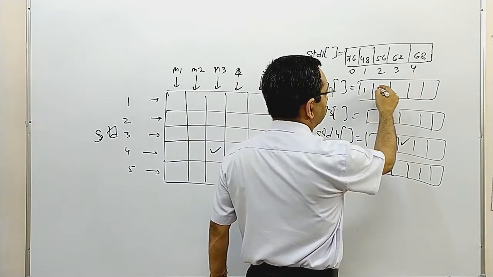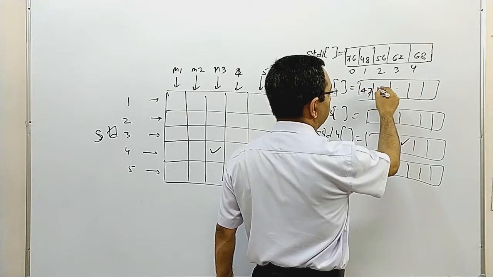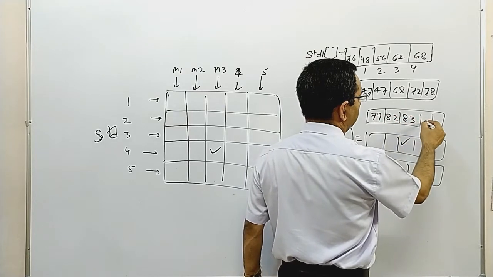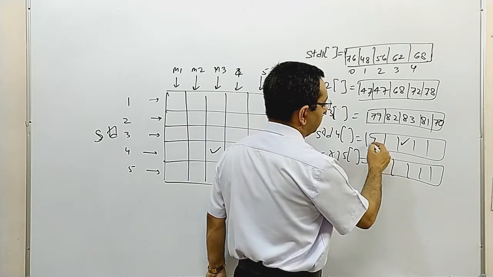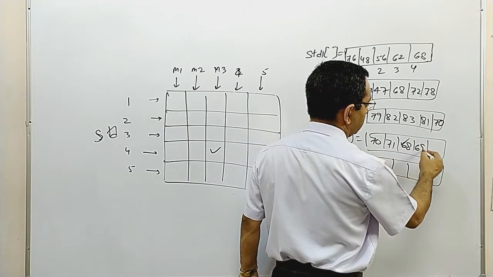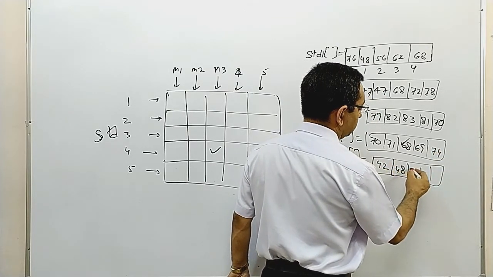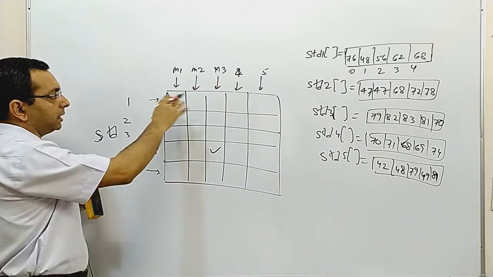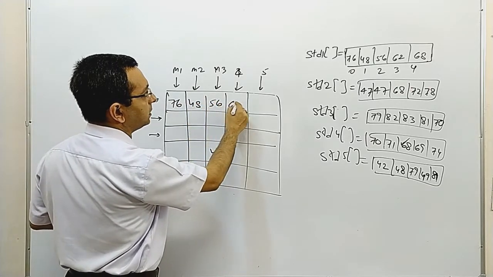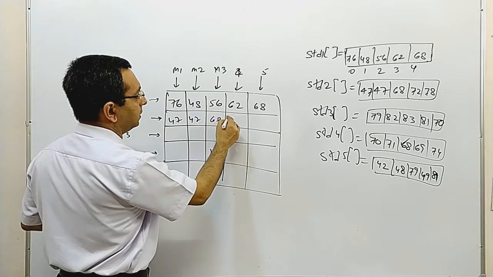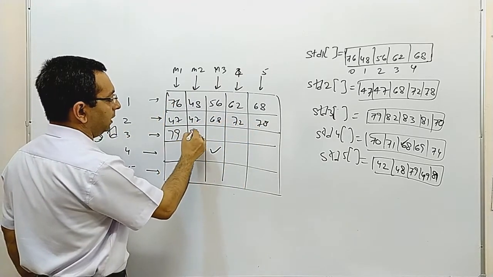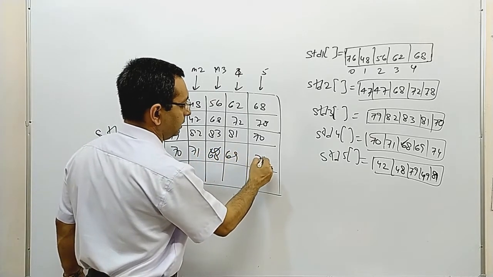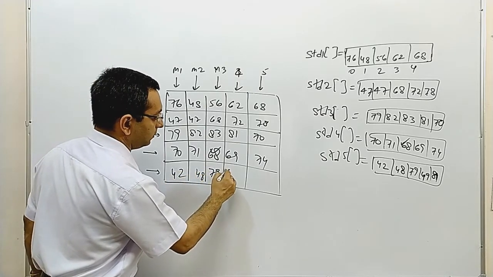Let's fill in some values. I am just writing some values like 76, 48, 56, 62, 68, 47, 68, 72, 78, 79, 82, 83, 81, 70, 70, 71, 68, 69, 74, 42, 48, 79, 49 and 81.